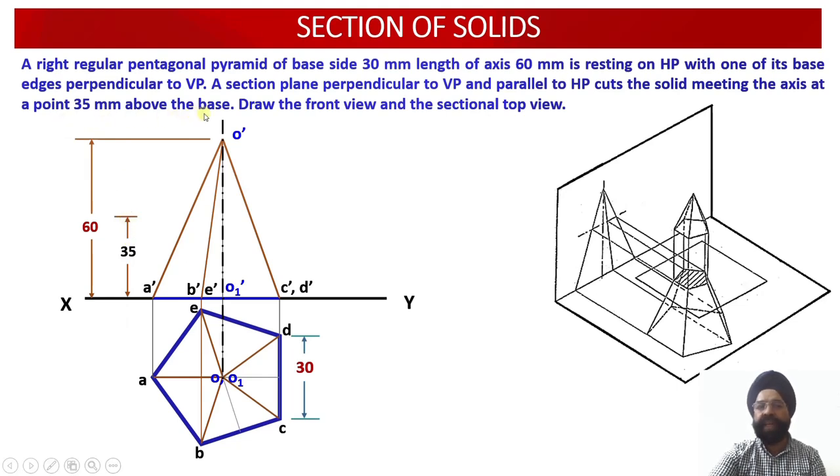So 35 millimeter above the base, I am going to mark a point over here, and once I mark a point, my cutting plane will be located over here. So this is the representation of a cutting plane, and in the cutting plane the two ends have to be dark. That is why you see I have darkened the end points over here.